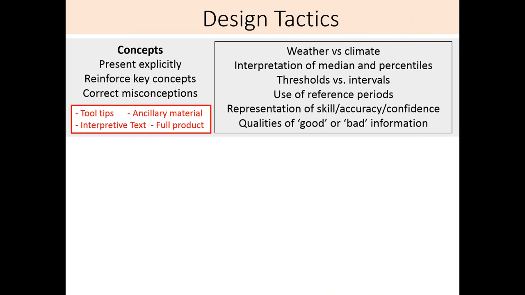Now, I want to focus a little bit more on that in the design tactics. We covered some of these concepts last month, but how do you actually integrate that in the design of a tool?